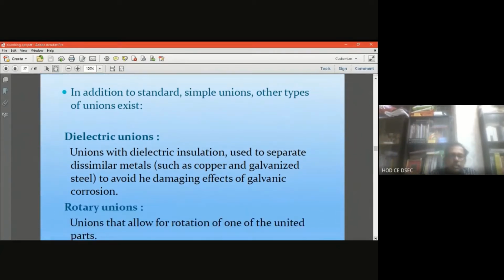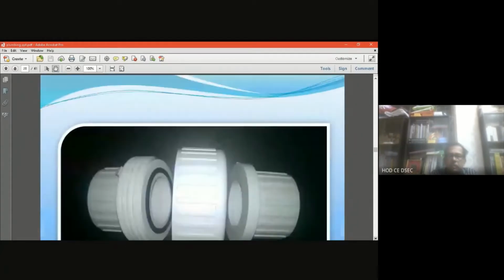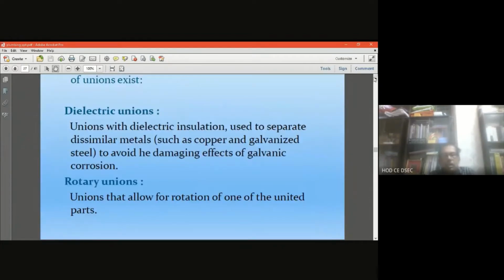The unions with dielectric insulation, used to separate dissimilar metals such as copper and galvanized steel to avoid the damaging effects of galvanic corrosion. Again, I repeat, dielectric unions are unions with dielectric insulation used to separate dissimilar metals such as copper and galvanized steel to avoid the damaging effects of galvanic corrosion.